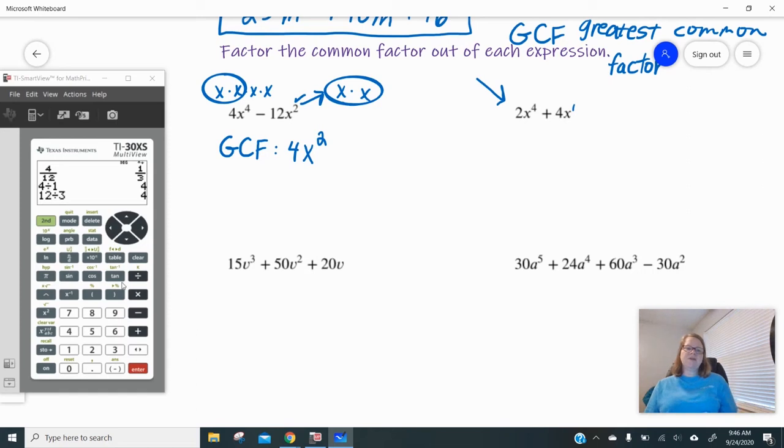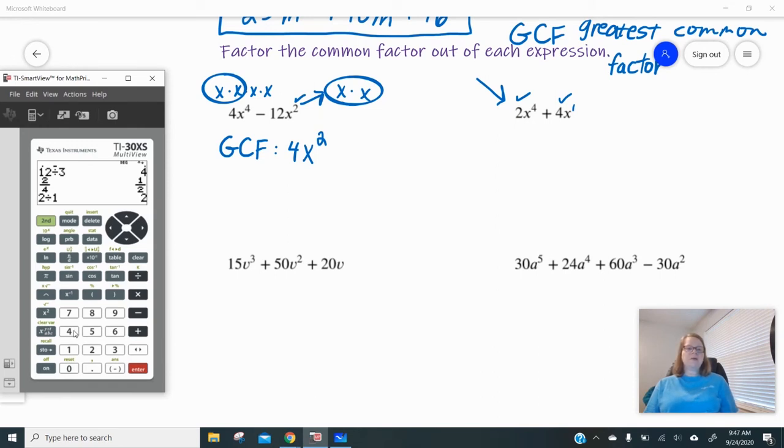So again, we've got 2 over 4, and these are pretty straightforward, I know, but pretend they're big numbers that you didn't just see necessarily. If I put in 2 over 4, because those are the 2 numbers I have here, in my calculator, that reduces to 1 over 2. So I can do the top number divided by the bottom number and see that my GCF is 2.